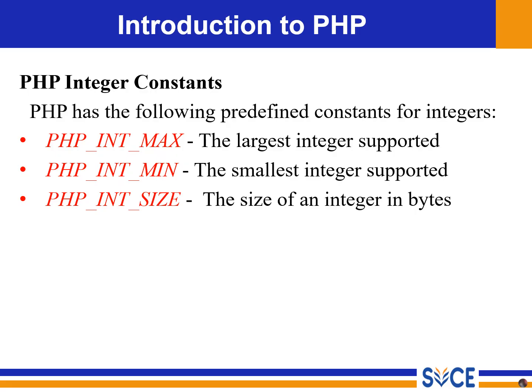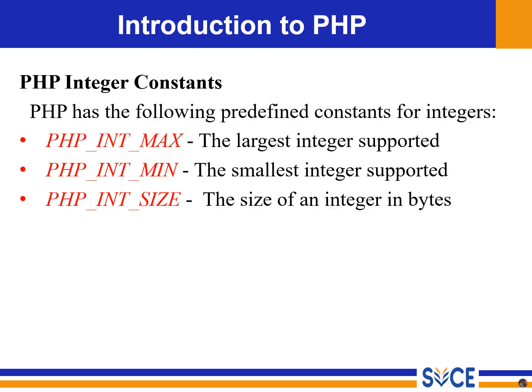This is typically the negative of PHP_INT_MAX minus 1. Then PHP_INT_SIZE. This constant indicates the size of an integer in bytes on the current system. This value is usually 4 bytes for 32-bit systems and 8 bytes for 64-bit systems.